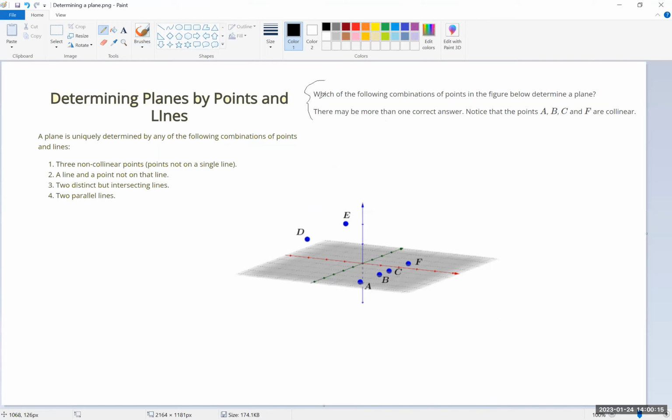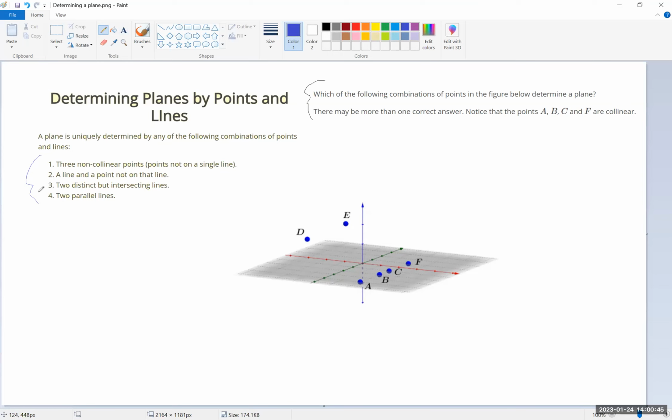Notice that points A, B, C, and F are collinear. So on the left-hand side, what I've gone ahead and done is list what defines a plane. So we have four different possible things. It says three non-collinear points, not on a single line.